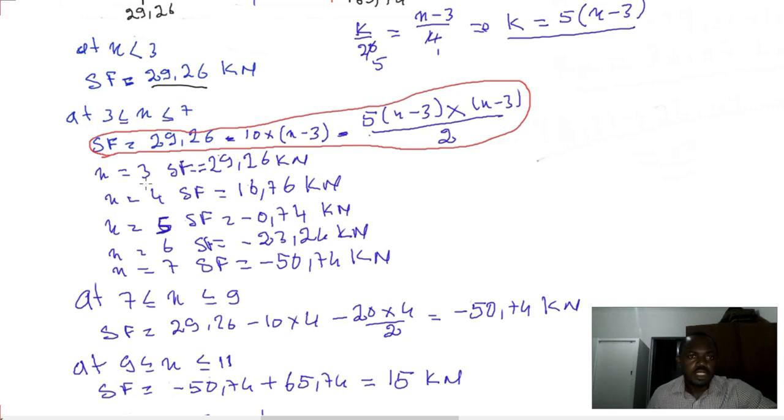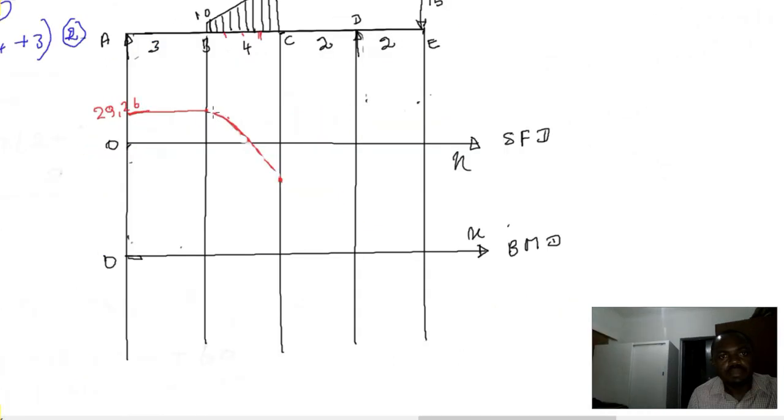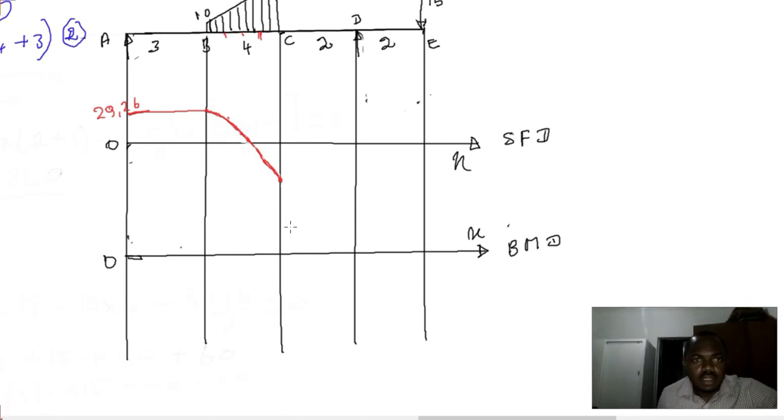For x equal to 3, we got 29.26. For x equal to 4 it is 16.76. It's not that straight, but it is something like that on this interval.